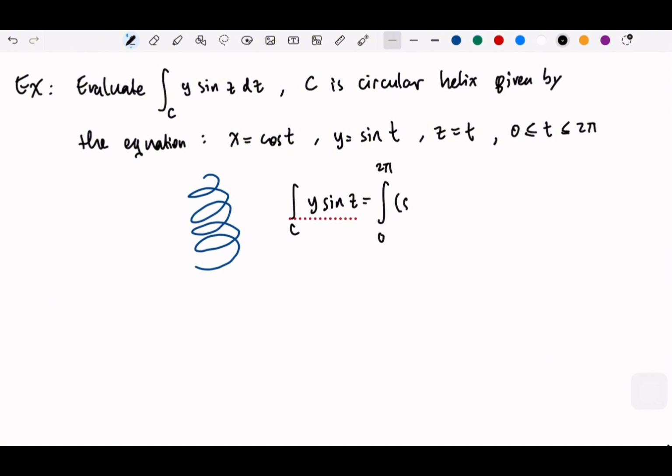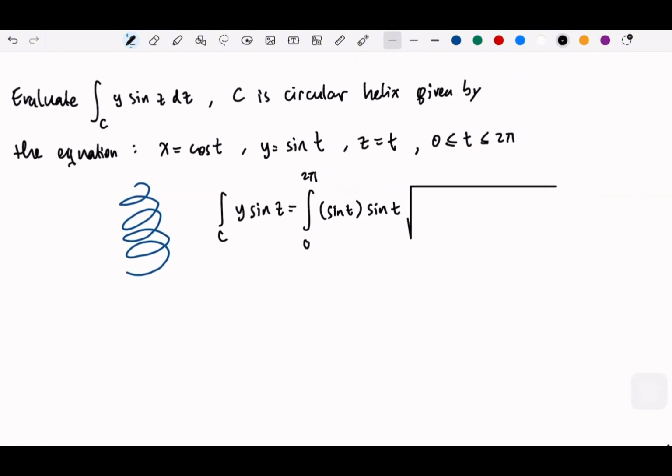So y is sine t, so we can substitute all, and this also can be written as the square root of all the first derivatives squared, and then dt.